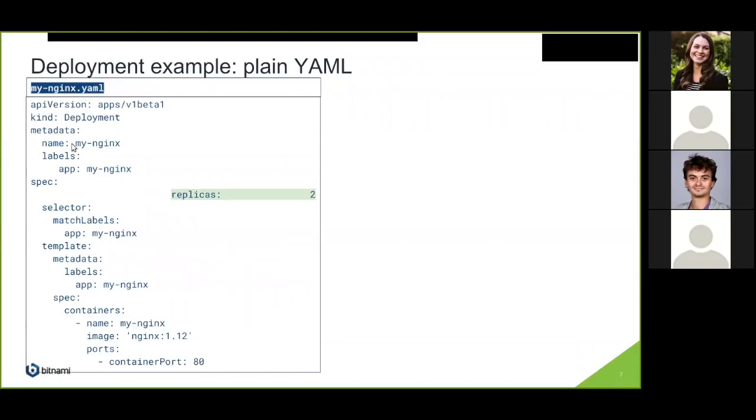You are repeating, for example, that you want to name the actual deployment some way, my nginx in this case, but you also want to create a label with the same value, and you also want the pods to have the same label. Of course, the deployment needs to know about the labels of the pods to be able to control them, so it needs to have the match labels to match the labels here.